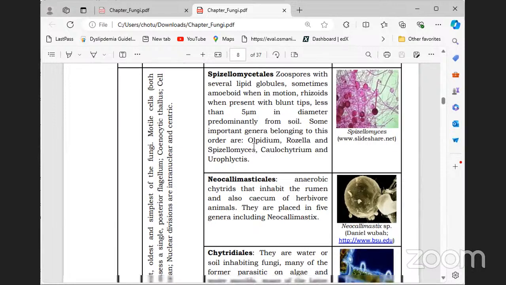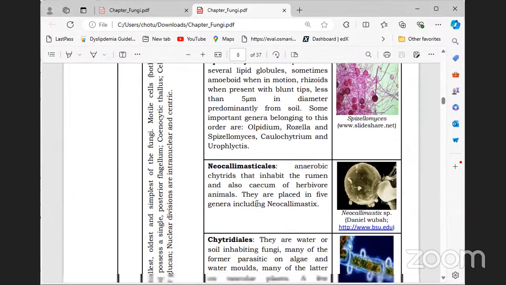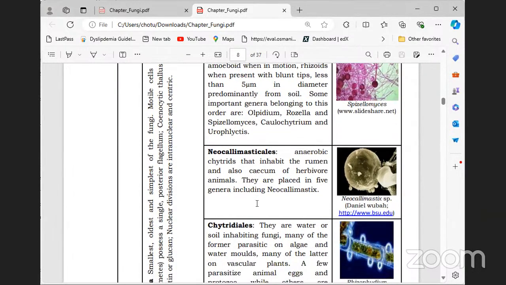The second class, Neocallimastigales. You can observe anaerobic chytrids that inhabit the rumen, which is the most important characteristic feature of this fungi.